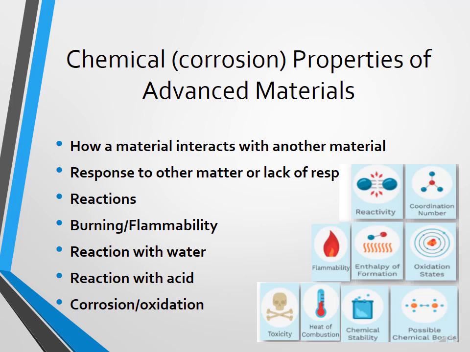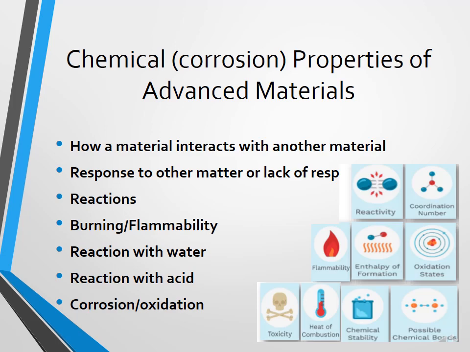And also the reactions with acids: some substances react vigorously with acids, while others don't react in such a manner. These are the chemical behavior of the substances. The chemical properties also include the burning or flammability properties of the materials. And what is flammability? Flammability is basically the ability of a substance to get burned.